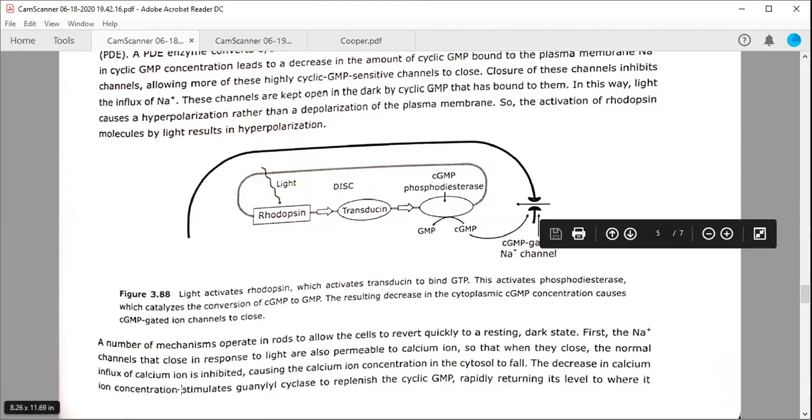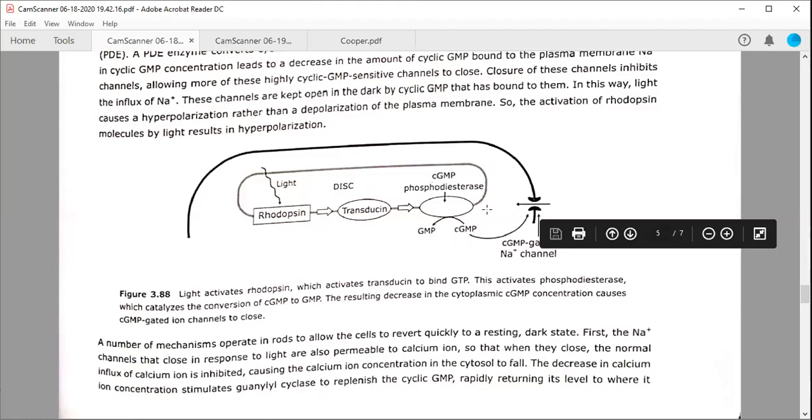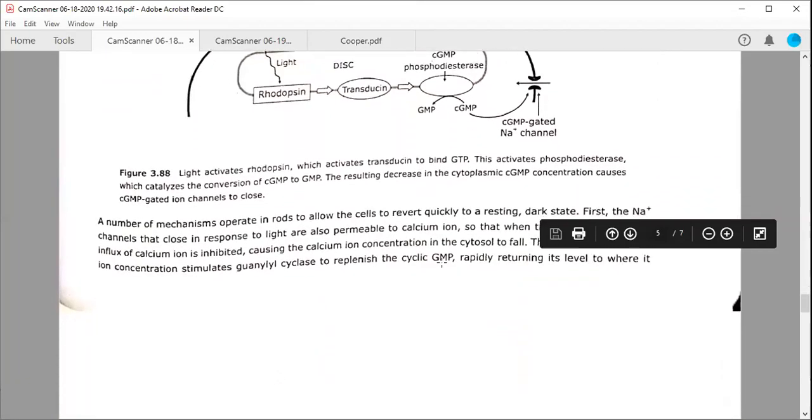Once the calcium concentration is low, it will activate guanylyl cyclase, which will produce more cyclic GMP. The cyclic GMP will bind to these channels so that they again allow the movement of sodium and calcium ions into the cytosol. That's how these are regulated, so that the cell rapidly returns to the level where it was in the dark.